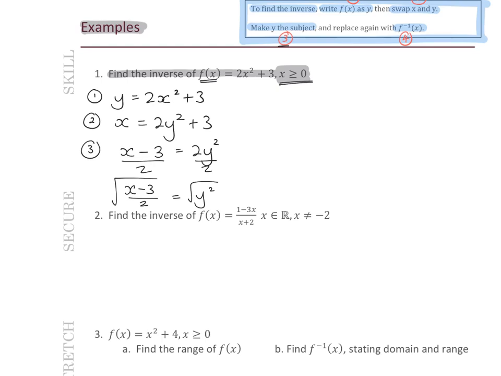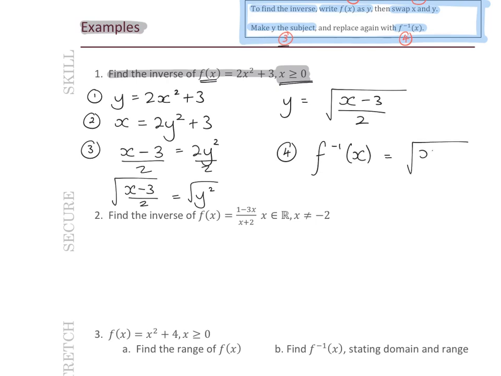So what we have is y equals the square root of x minus 3 over 2. And then our final component is to rewrite that as f minus 1 of x for the inverse. And that is our answer there. So we're just following those steps every time, one by one.